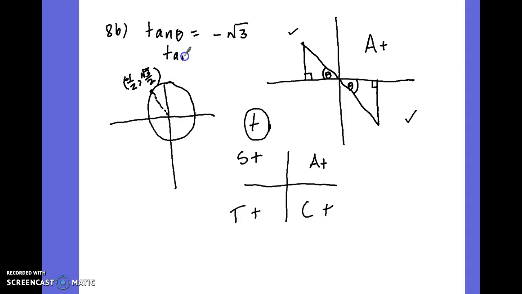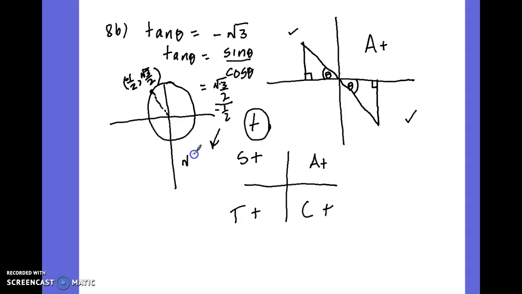And now you know that the tan is equal to the sine over the cosine. So when you put the sine, which is the y coordinate, over the cosine, which is the x coordinate, you get root 3 over 2 divided by negative 1/2.